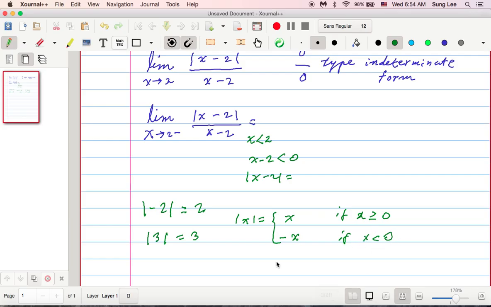So the appearance might fool you. This looks like a negative number, but actually overall it is a positive number because x itself is a negative number. So this additional negative sign neutralizes it. It becomes positive.